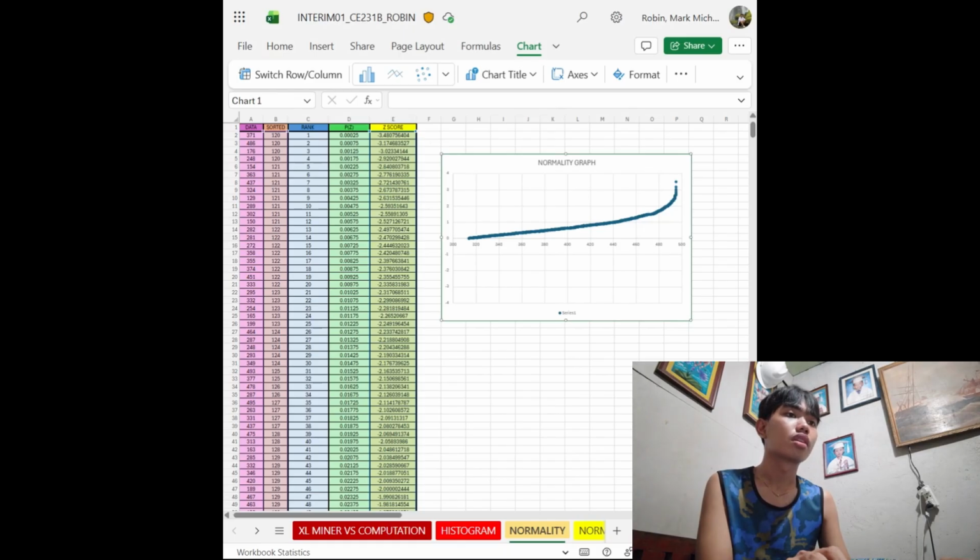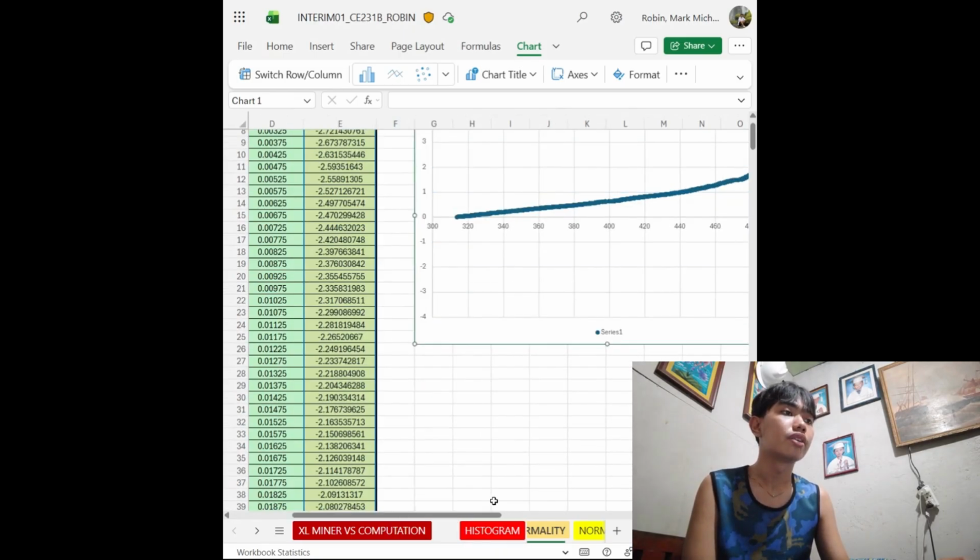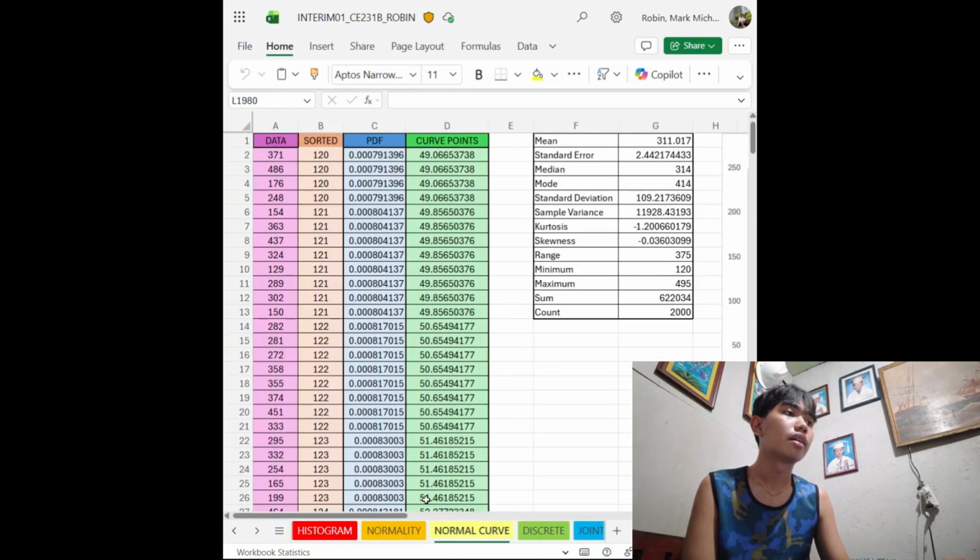Then we look at the skewness, which results in negative 0.3. Since this is nearly 0, the data is almost perfectly symmetrical, and the mathematical proof allows us to proceed with confidence that the data follows a bell curve. So that's the normality.